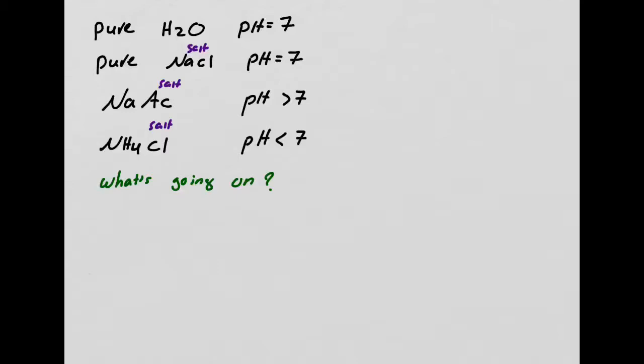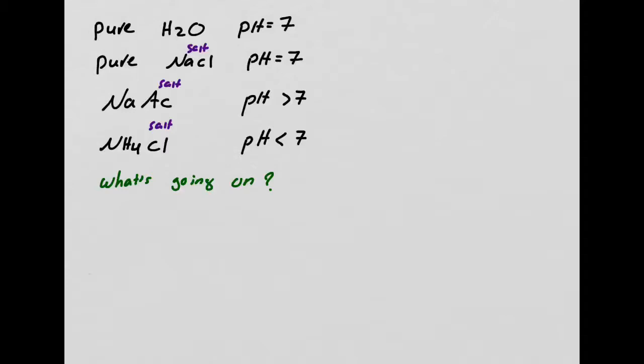It's going to be basic. And then I'm going to take ammonium chloride, which is a salt, add it to water, and the pH is going to be less than 7. So what's going on? I added NaCl salt to water, and the pH was 7. I added sodium acetate, the pH became basic. I added ammonium chloride, the pH becomes acidic. What is going on here?